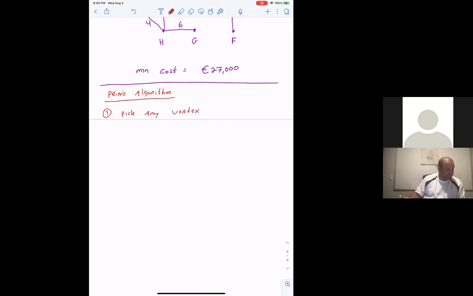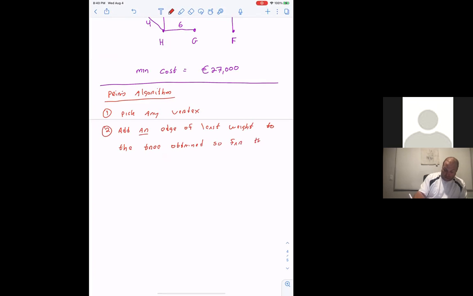any vertex. Step 2, add an edge of least weight to the tree obtained so far that does not form a cycle.